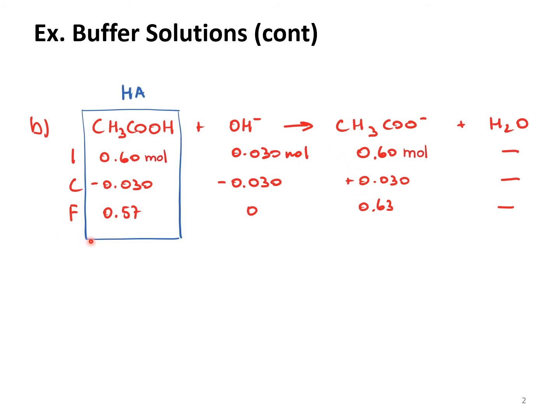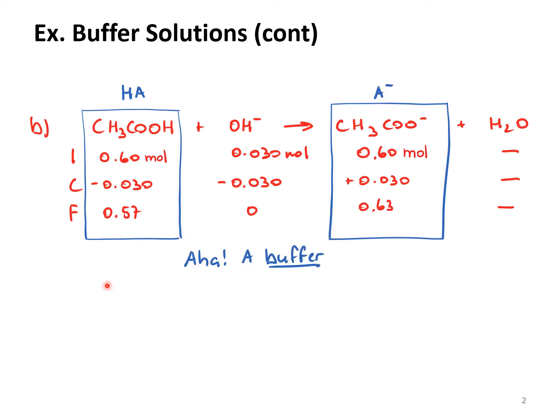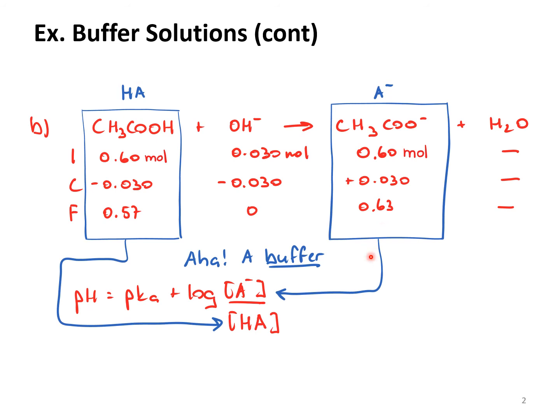So here we see that we have a weak acid with its conjugate base, and we can say to ourselves, aha, a buffer. So we know that we can calculate the pH of a buffer using the Henderson-Hasselbalch equation, where pH equals pKa plus log of A minus divided by HA. And here we see that 0.63 moles is the number of moles of conjugate base, and 0.57 moles is the number of moles of acid.